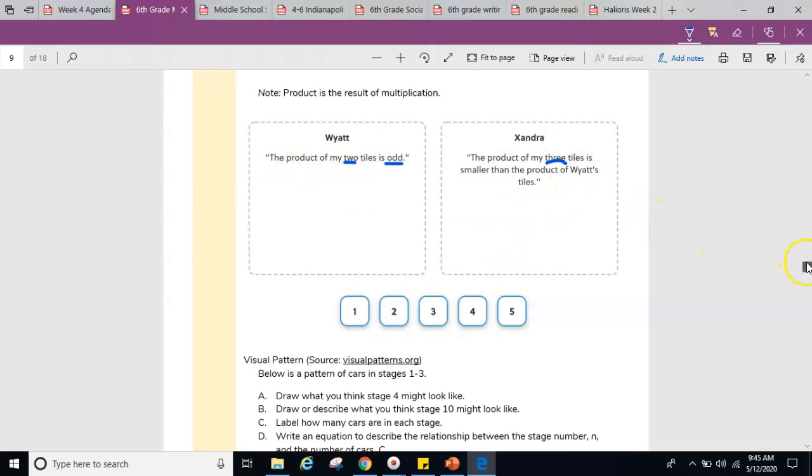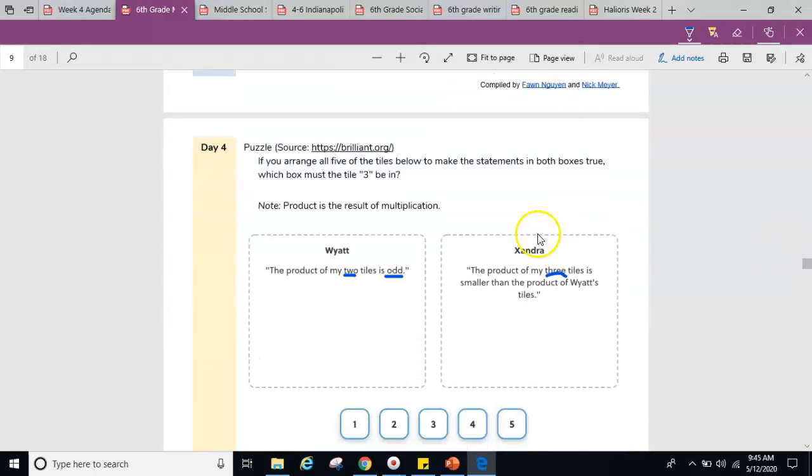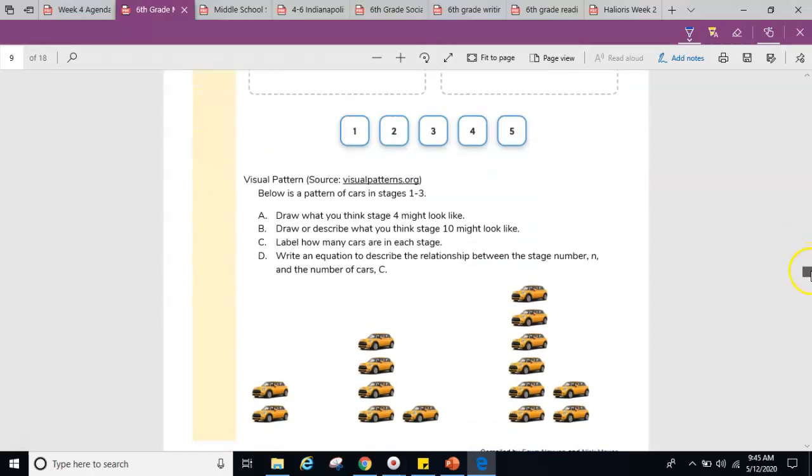And ultimately, the last part of the problem, the one you're trying to find out, is which box must the tile 3 be in, right? It might look like this is just what you're trying to solve, but you'll always need to go back and see what the question is actually asking you to do.